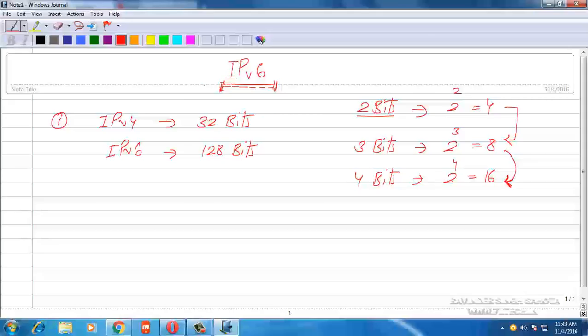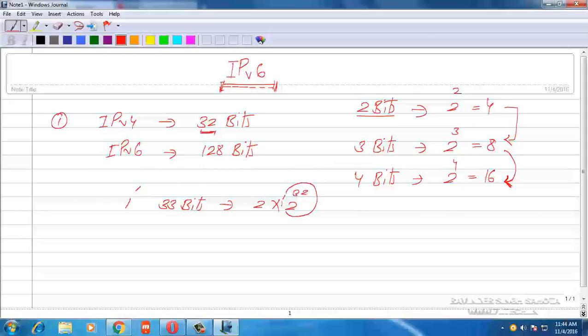Similarly, if you look at IP version 4 and IP version 6, IP version 4 address is 32 bits. If it was increased to 33 bits, it would contain 2 times 2 raised to 32 addresses. That is, the number of addresses that we get in IP version 4 is 2 raised to 32.